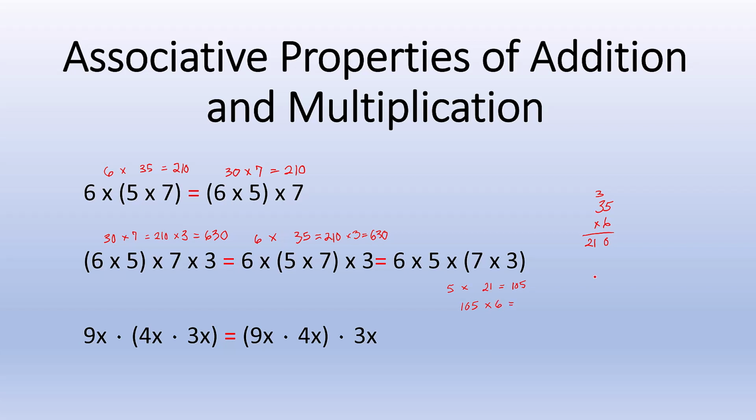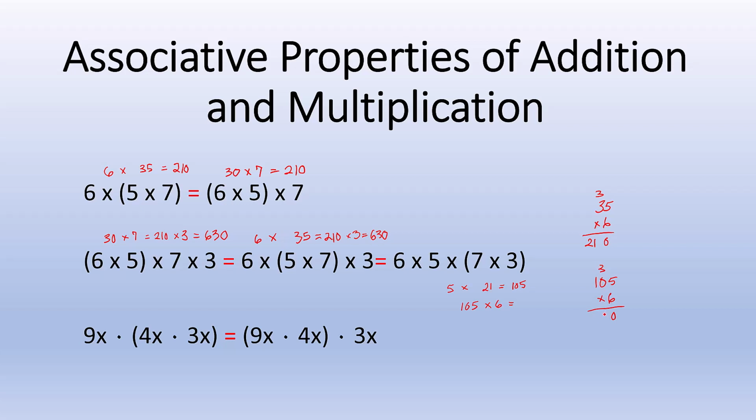Let's do it on the side. 105 times 6. Now this one I could do mentally, but I want to go ahead and do the calculation just so we can review what happens when we are multiplying by 0. 6 times 5 will give me 30. 6 times 0 is going to equal 0.